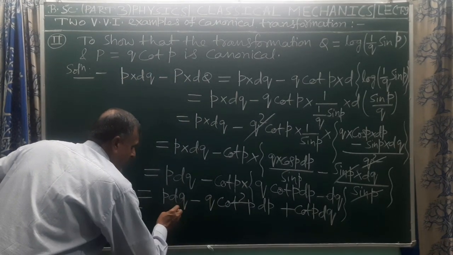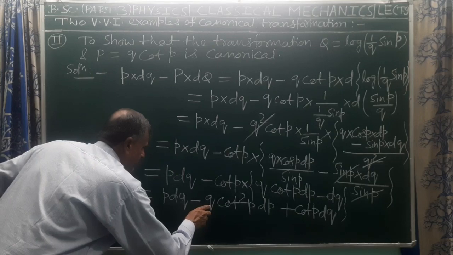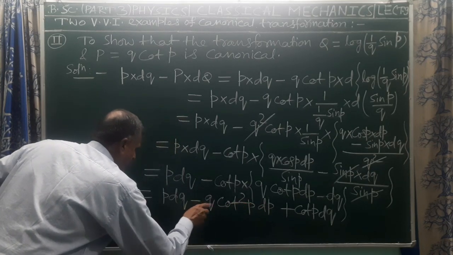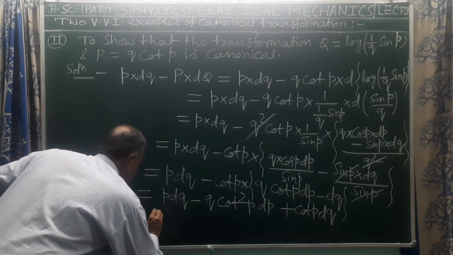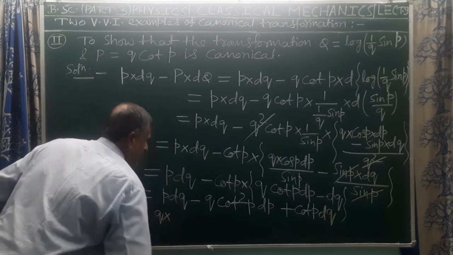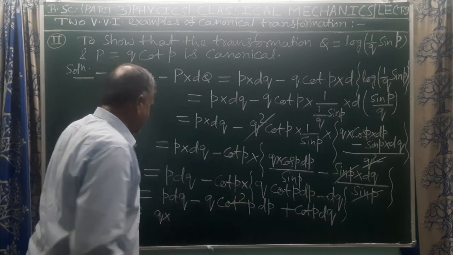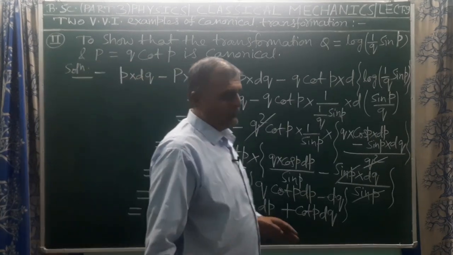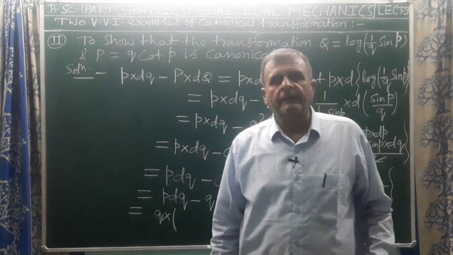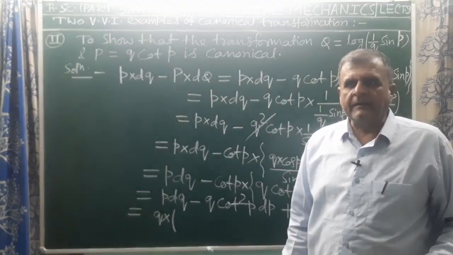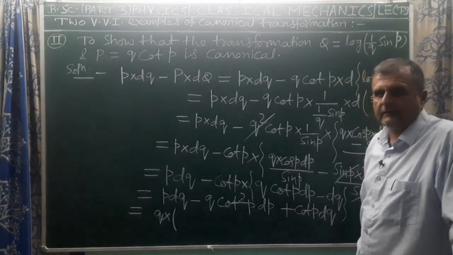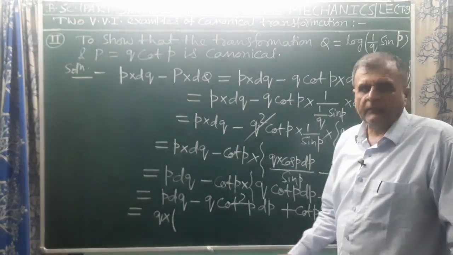Now we can write the second term, minus q cot square p into dp, as q into minus cot square p dp. We can write it using the formula cosec square theta minus cot square theta is equal to 1. So in place of minus cot square p we can write 1 minus cosec square p.